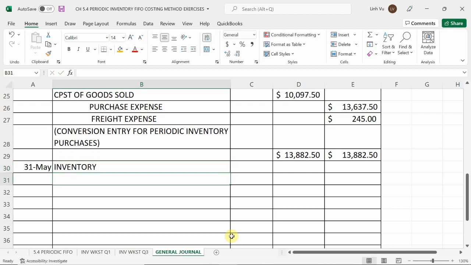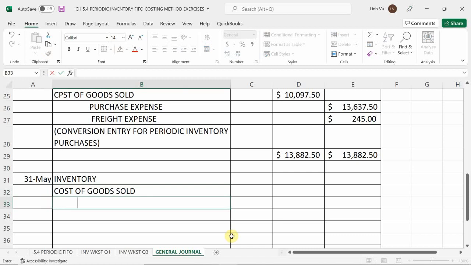Okay. Let me skip a line. Inventory, okay? And then cost of goods sold. Cost of goods sold. What else?